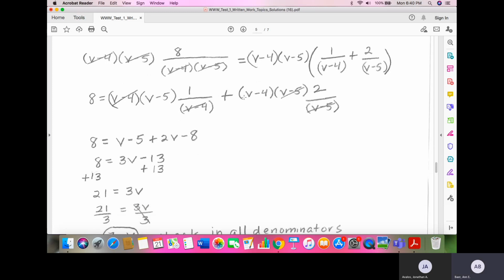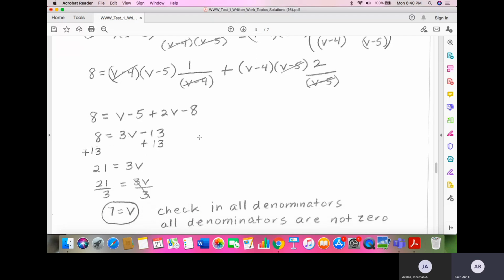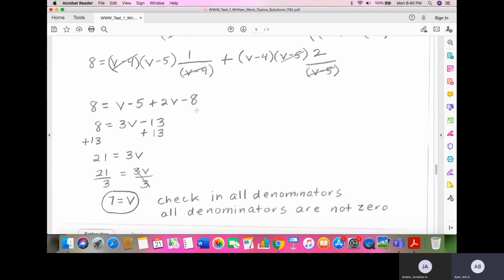So what do we have now? We've got 8 on this side equals v minus 5 times 1, which is just v minus 5, plus this 2 times 2v. 2 times negative 4 is negative 8, minus 8. That's where that comes from. So we're left with a pretty simple equation now.